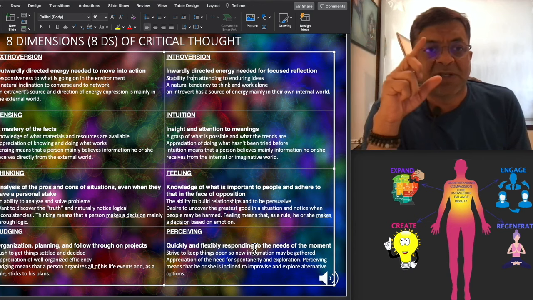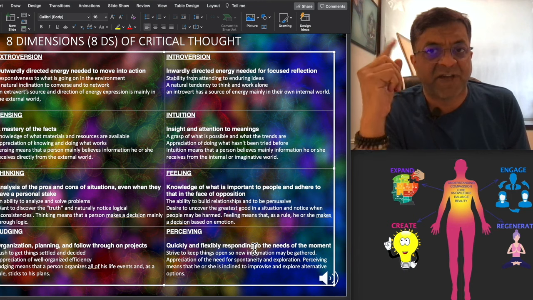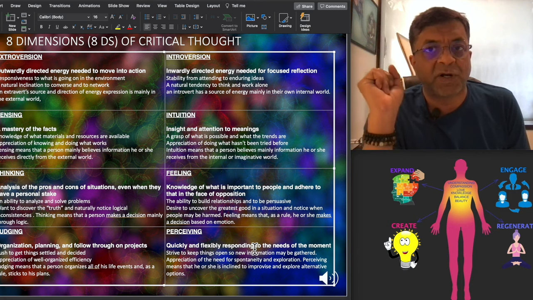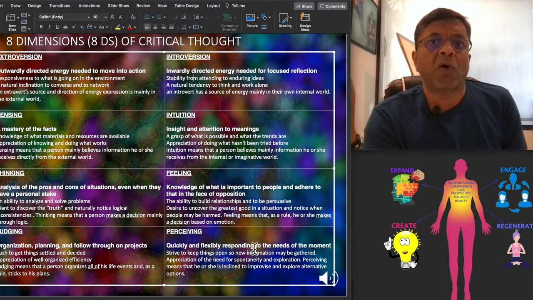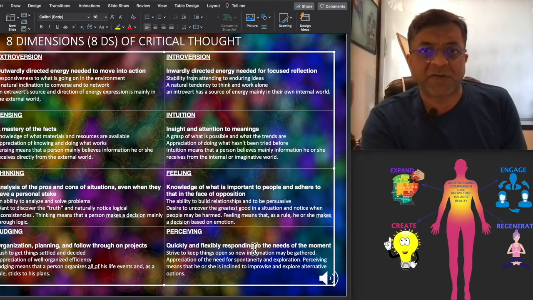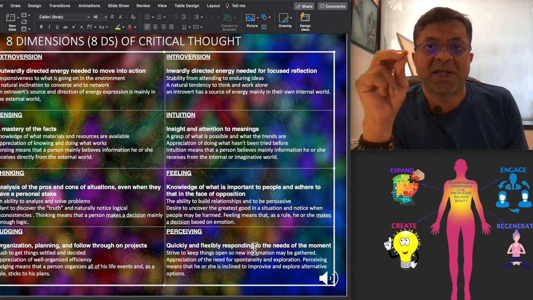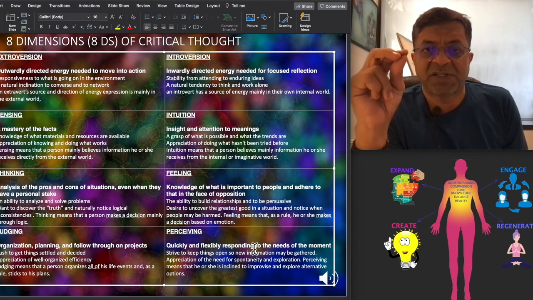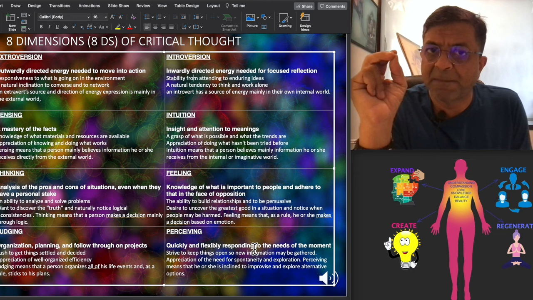Well, there are these 8 dimensions of critical thinking and 5 parts, the 5 C's. Combine them and you have a total of 40 combinations. These 40 combinations, if a person goes through all the 40 ways of thinking using this workshop model, it is like, simply put, one person is capable of thinking like 40 different unique people.